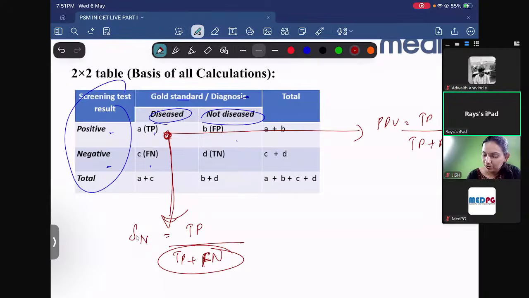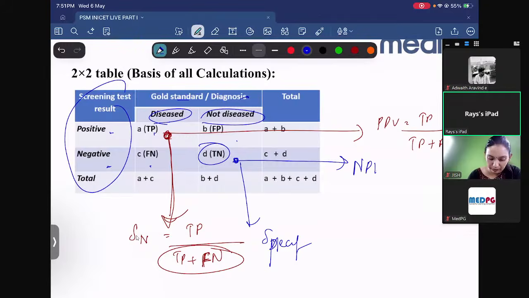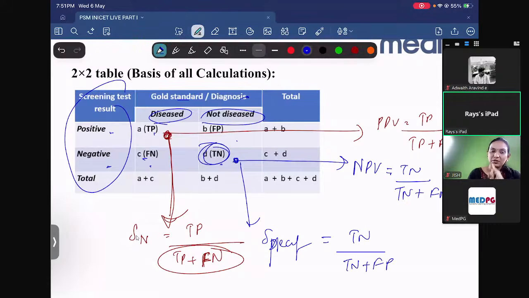Similarly, if I start from true negatives, this will give me my specificity, and this will give you my negative predictive value. Negative predictive value is TN divided by all test negatives, TN plus FN. Specificity again has TN as the numerator, out of all truly not diseased people, or all truly healthy people. So that's how you calculate sensitivity, specificity, PPV and NPV.